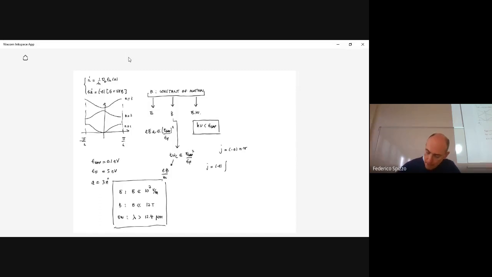So we have an integral over the first Brillouin zone. We have d3k divided by 2 pi to the power of 3, and that comes from the level density in the reciprocal space.